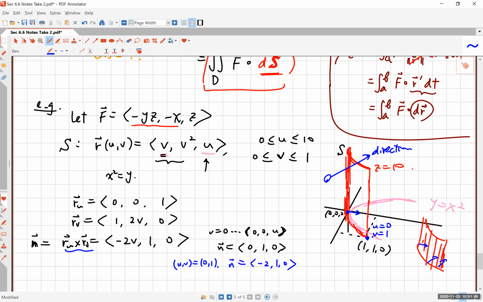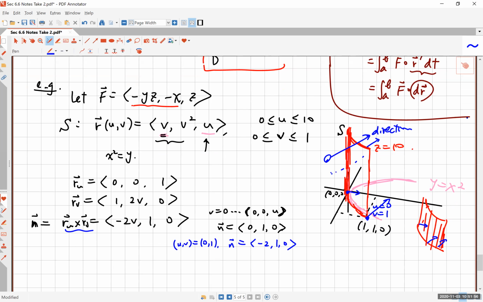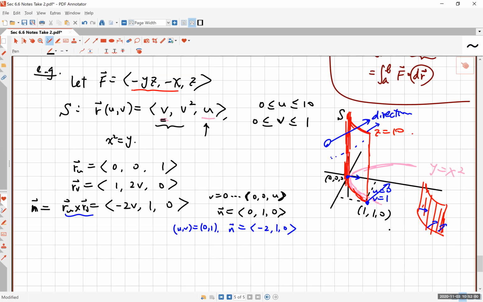And negative 2, 1, 0 would be like this, okay? And so again, you're going from this side to the other side. That is the direction defined by this normal vector n, which is r_u cross r_v. Okay, so now we know that I'm about to find the flux of the fluid going from this side to that side of the curtain or of this filter or whatever it is.